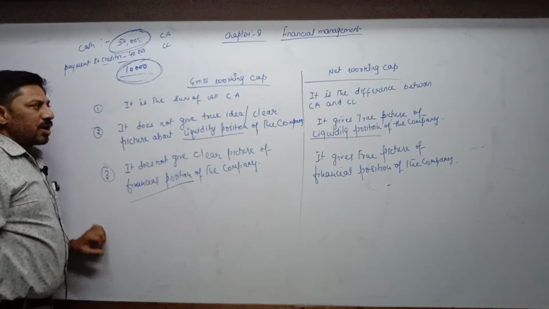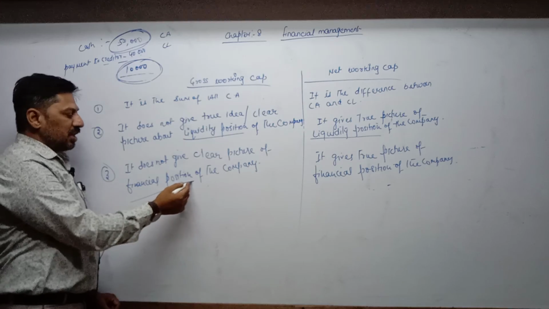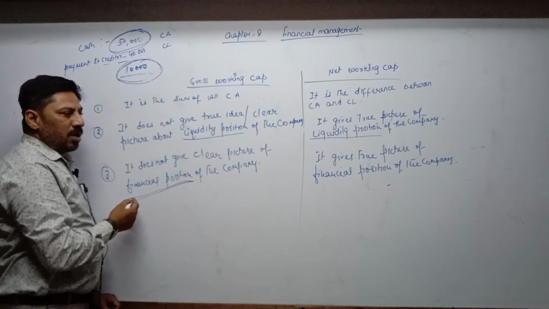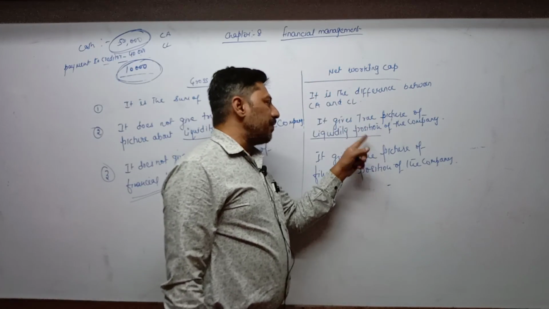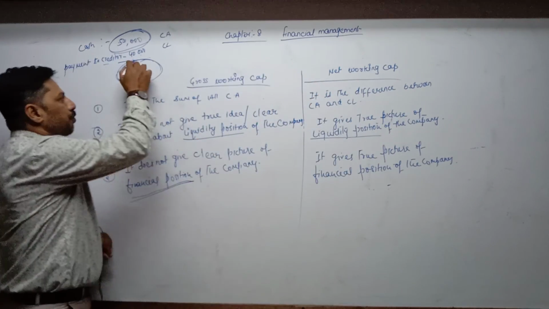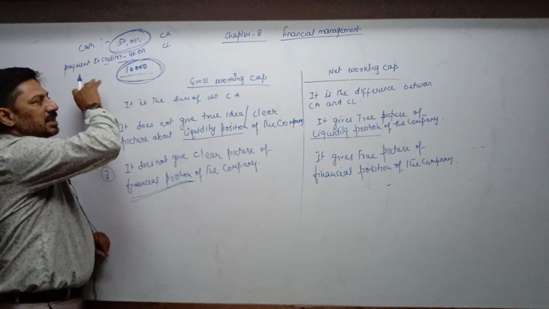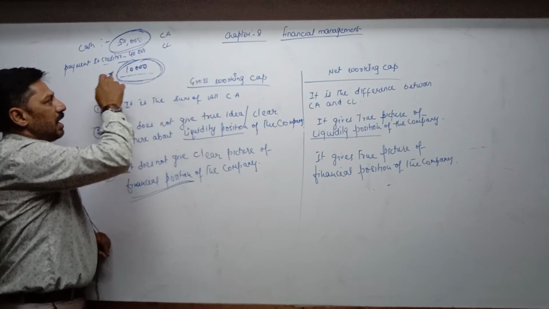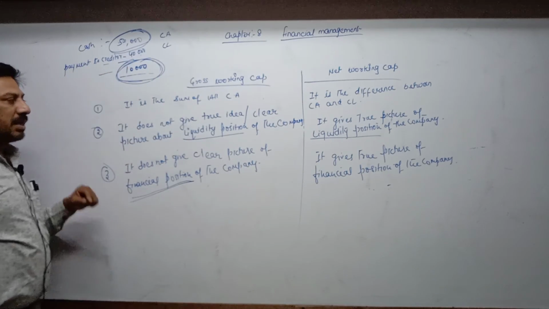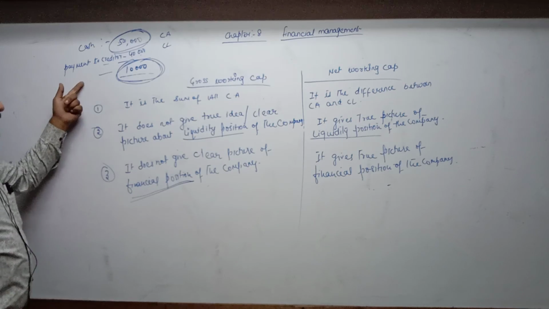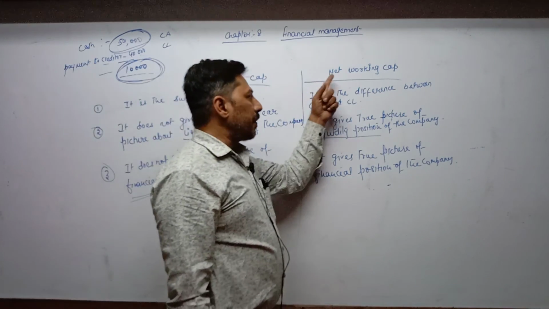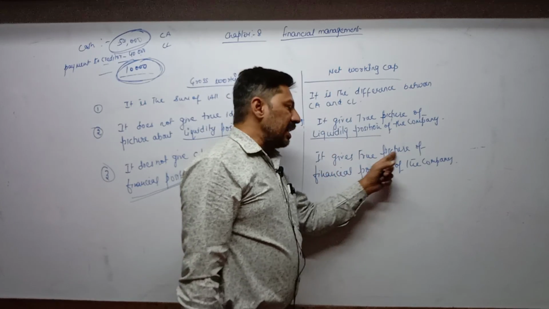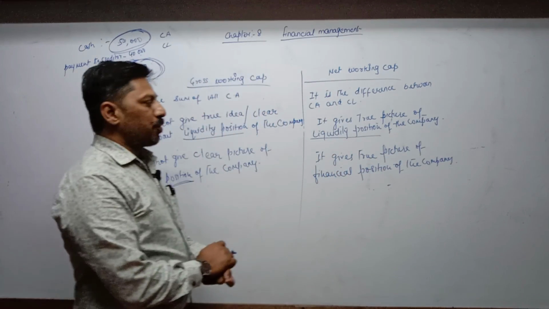That's why we are not able to know the financial position of the company, whether it is sound or weak. But in case of net working capital, we are deducting current liability from current asset. If the answer comes positive, we can say that there is a sound financial position of the company. And if the answer comes negative, means negative net working capital, then we can say there is a weak financial position of the company. So through net working capital, we can get a clear picture about the financial position of the company.